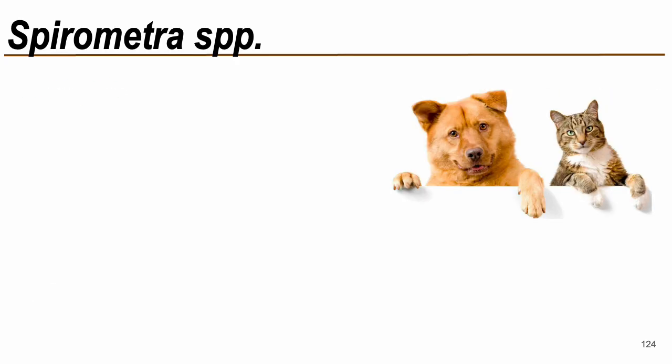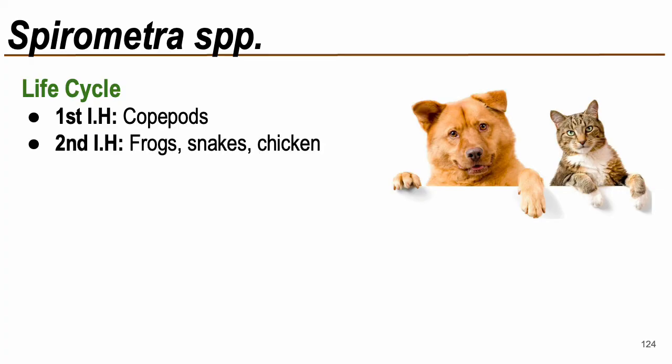For the life cycle, the first intermediate hosts are considered to be the copepods, where they acquire the free-living embryo called the coracidia in water. So the coracidia will develop inside the copepods as procercoid larvae, while the second intermediate host may be frogs, snakes, or chicken.